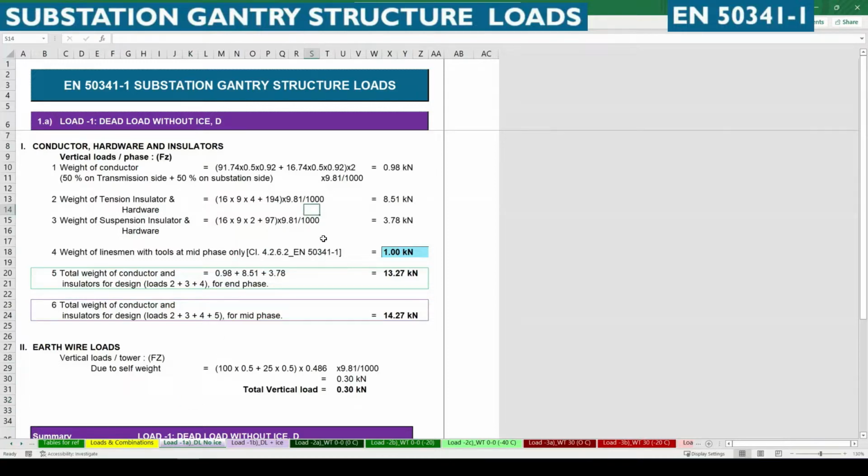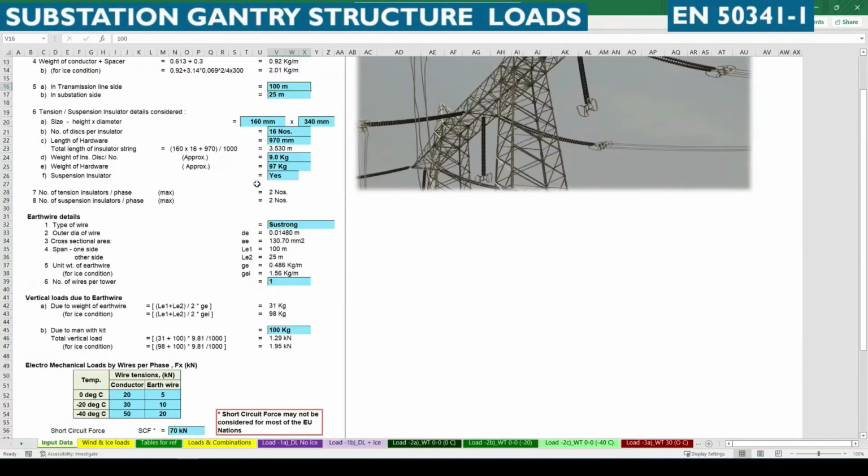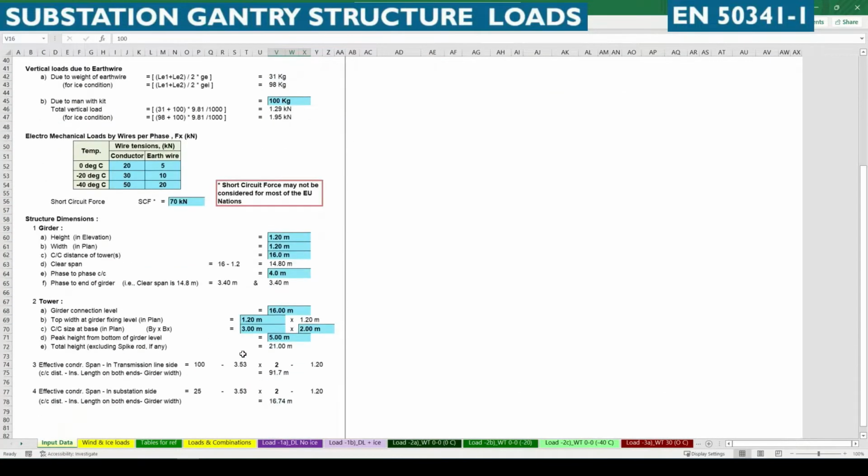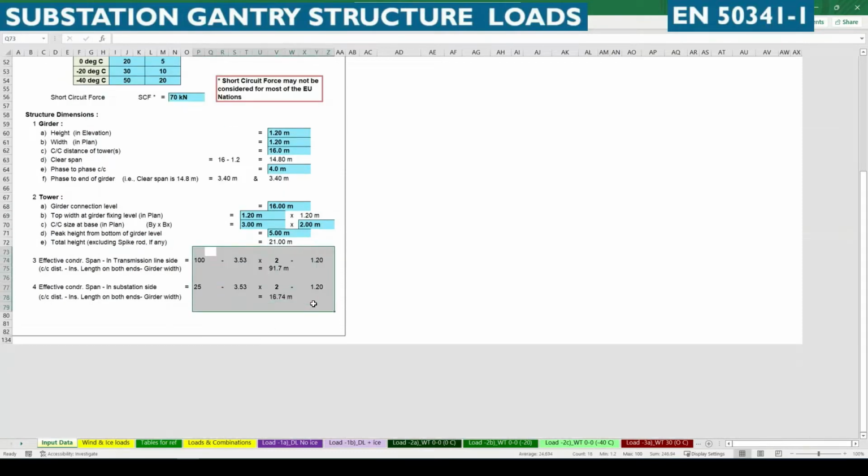In this we are going to calculate vertical load alone. Of course, a dead load, that is self-weight, can be only in the vertical direction, Fz. So the weight of conductor: we deduct from the entire span of 100 meters on one side the span of the insulator, which we had calculated already here.